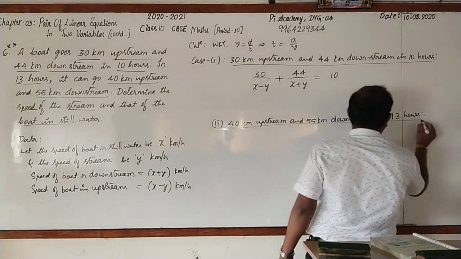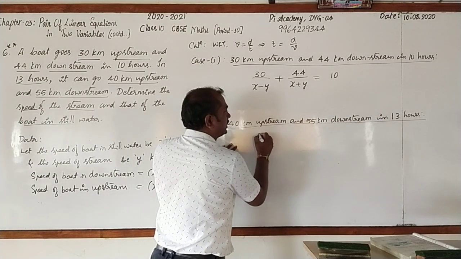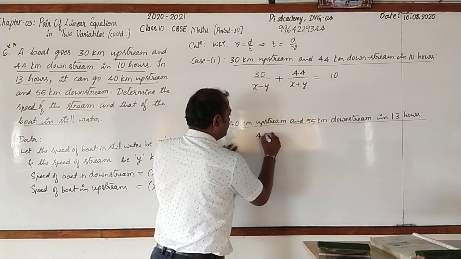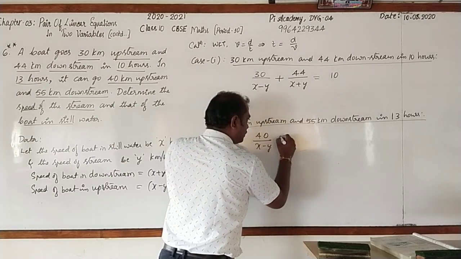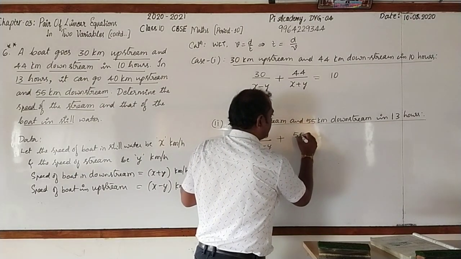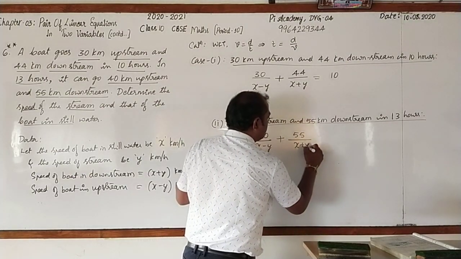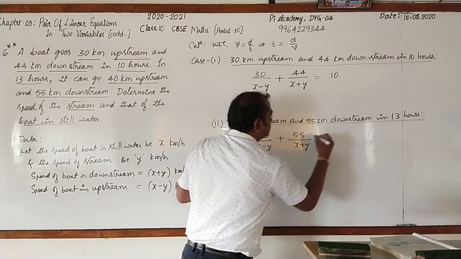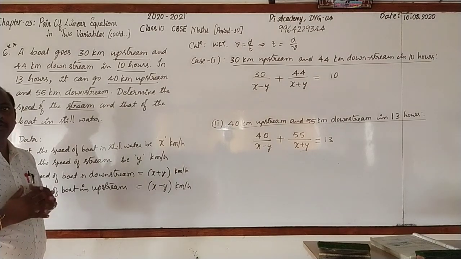Yes, 40 kilometer upstream, the time taken is 40 by x minus y. Then the boat covers a distance of 55 kilometer with a speed of x plus y. Altogether it is 13 hours. Hope that you have understood.